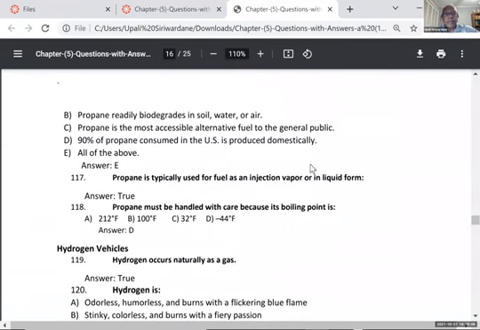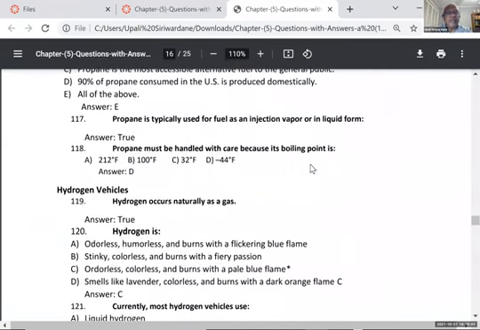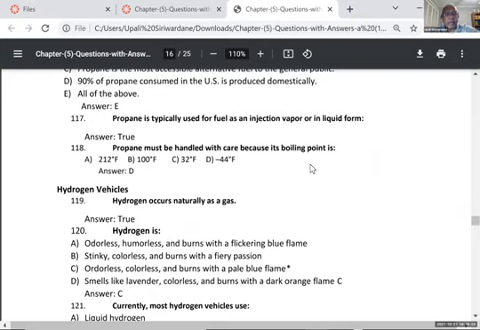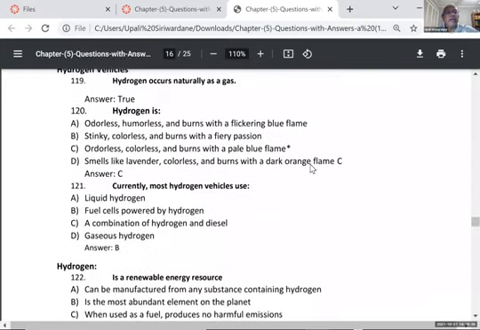Propane is typically used for fuel injection in liquid form. True. Propane must be handled with care. Its boiling point is low. It has to be in a tank, otherwise it is volatile.